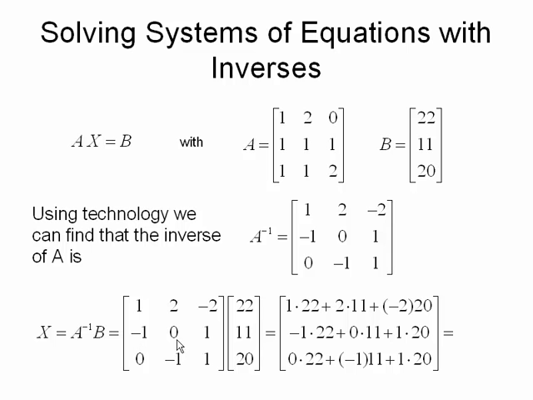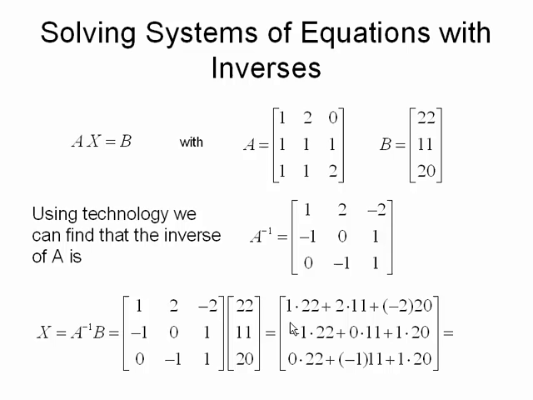Second row times first column, -1 times 22, 0 times 11, 1 times 20, and then I add them all up. Third row times first column means 0 times 22, -1 times 11, 1 times 20, and then I add them all up.